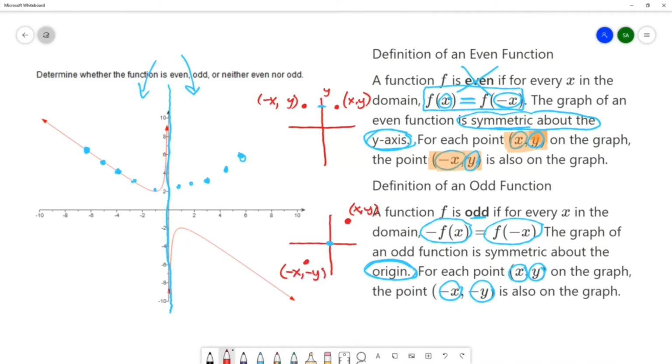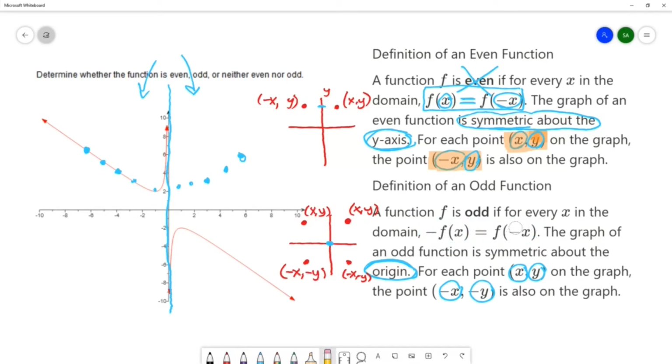You could also use the other two quadrants. If you have the second quadrant, a point here, you would have the mirror in the fourth quadrant, negative x, negative y. And that is what this definition is saying here as well.